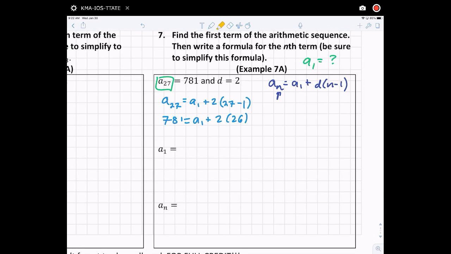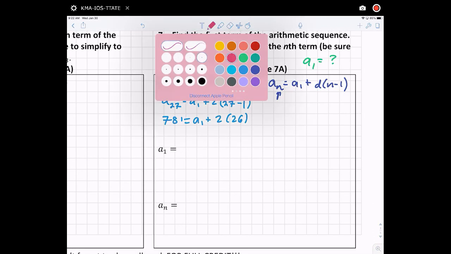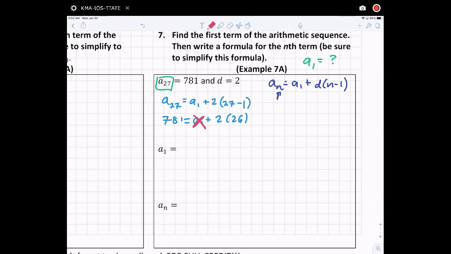Alright, now don't let the fact that there's an a sub 1 that you're trying to solve for throw you off. If this was just an x, you would know what to do. You would say 2 times 26, and then I would have to subtract 52 from both sides to get the x all by itself. It's not an x, but it's still an unknown variable at this point, because I'm using a sub 1 to represent an unknown. 2 times 26 is what, guys? 52.